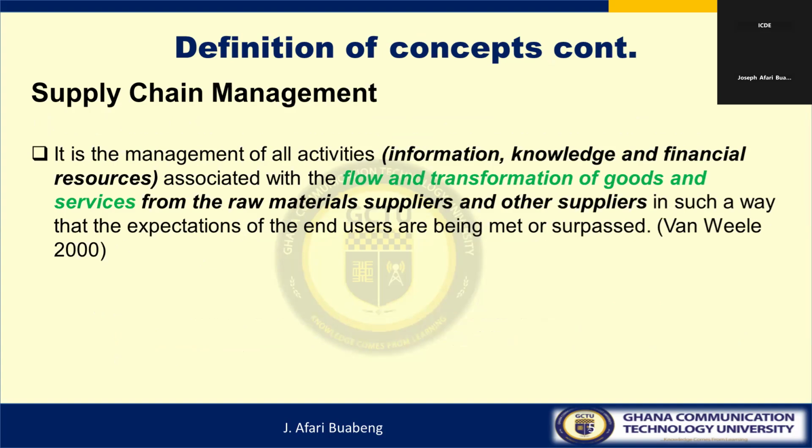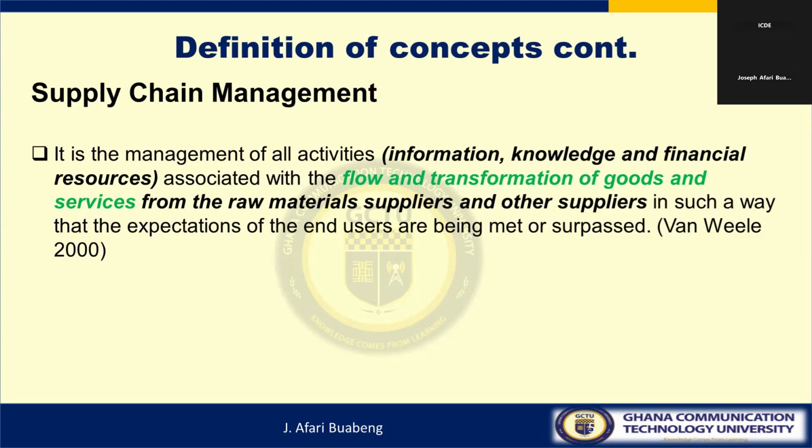And then once we talk about supply chain, we need to know supply chain management. Supply chain is not the same as supply chain management. I've already explained what a supply chain is. But the moment we introduce management to supply chain, then we can simply say that it is the management of all activities.